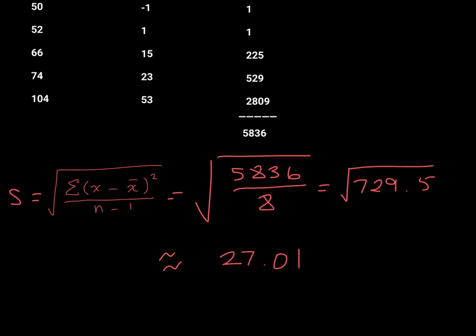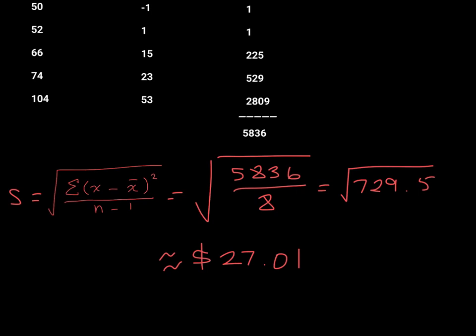27.01. Now, in the context of this problem, we're talking about money, right? Dollar values. And so therefore, don't forget your unit, right? Your units are dollars, right? So this is $27.01. Of course, we rounded to the nearest hundredth.